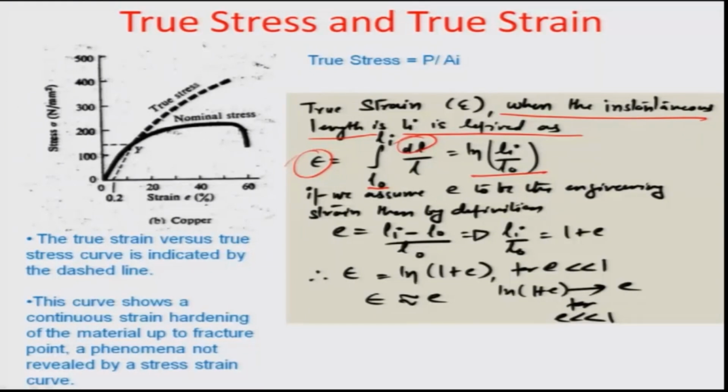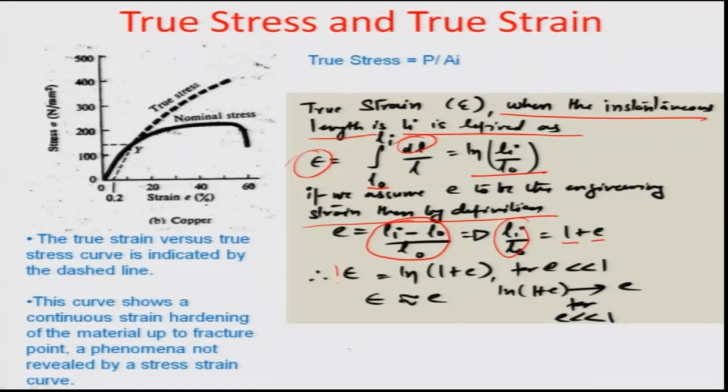If we assume E to be the engineering strain, by definition E is equal to (L_i minus L_o) by L_o, which means that L_i by L_o, which we are seeing here as e to the power of the true strain epsilon, should be equal to 1 plus the engineering strain E.